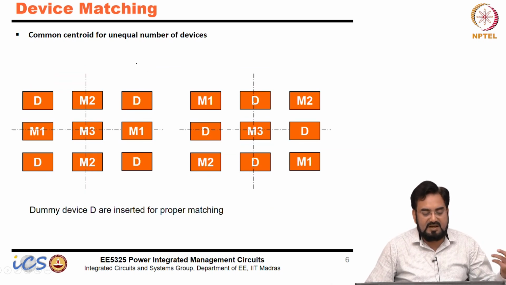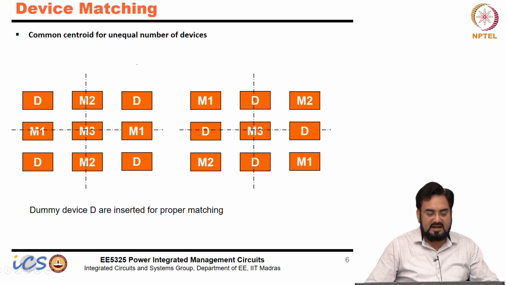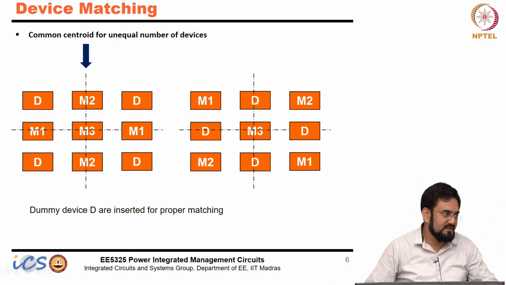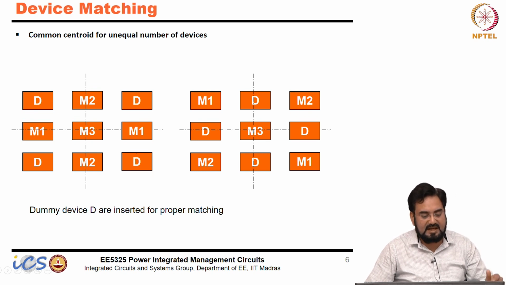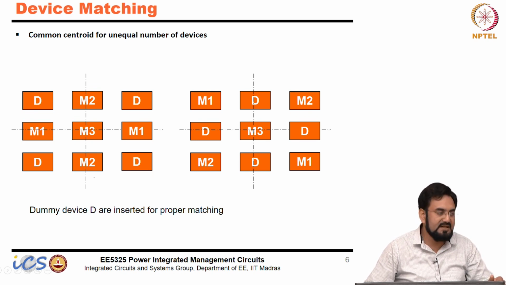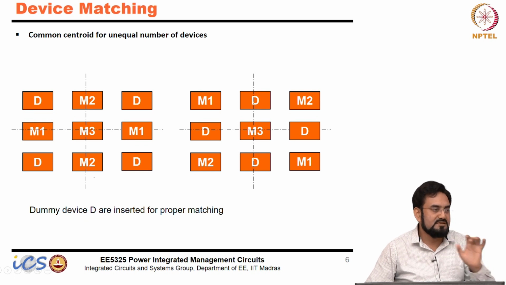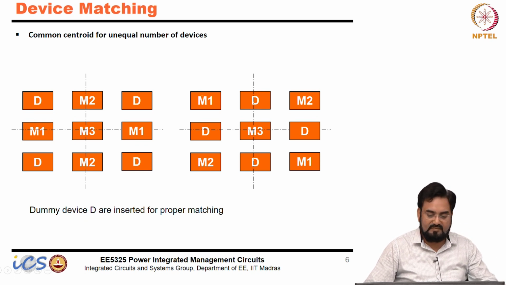Then if you have an unequal number, let's say 2 M1, 2 M2 and your M3 is a single device, then M3 should be placed at the center. All these devices will be around it. It's not necessary that it be a diagonal; even if you draw a straight line, that should also cross at the center.